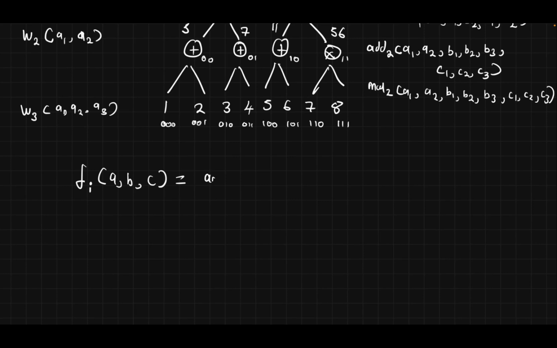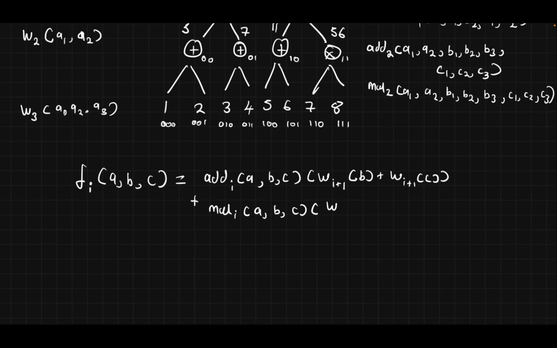It's going to be equal to the add I on that same layer of A, B, C times W on the next layer of B plus W on the next layer of C. Then plus the mul I. Makes sense?